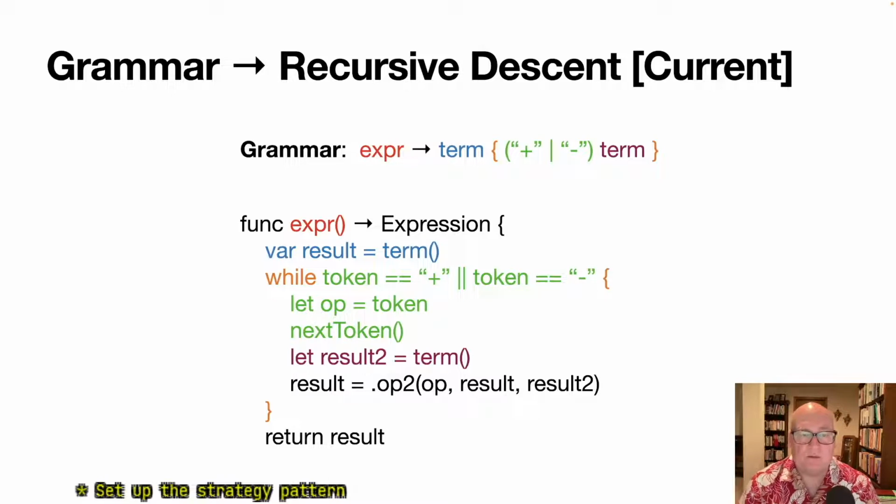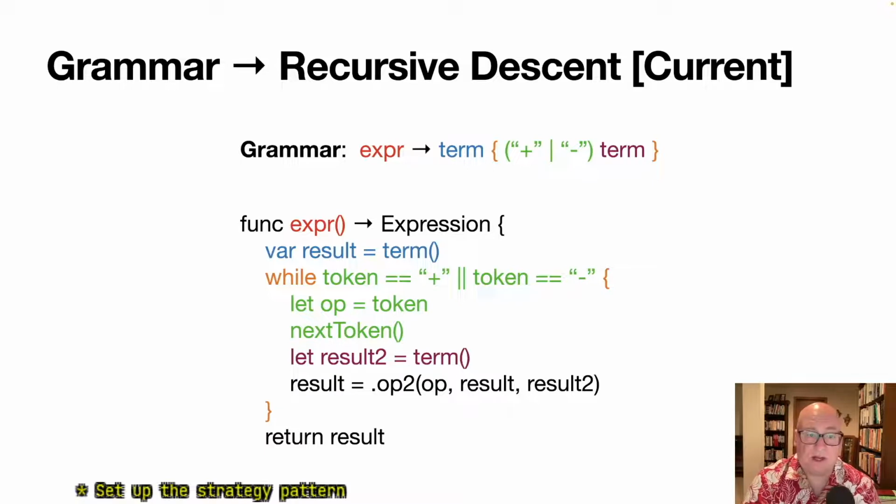Then you have the braces, zero or more times. Well, that's like a while loop, and we have a condition. We've designed our grammar so we can tell from the very first character whether we should do this rule. So if we see a token plus or a token minus, then we read that token, save it as the operator, and do next token, so we're ready to look for the term.